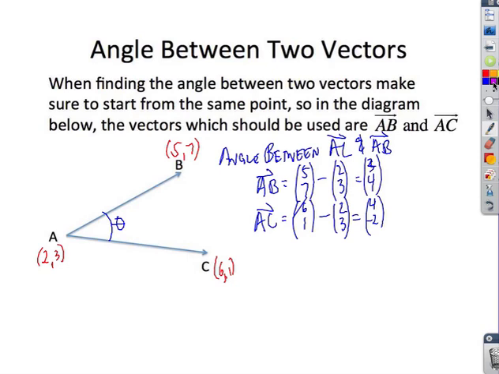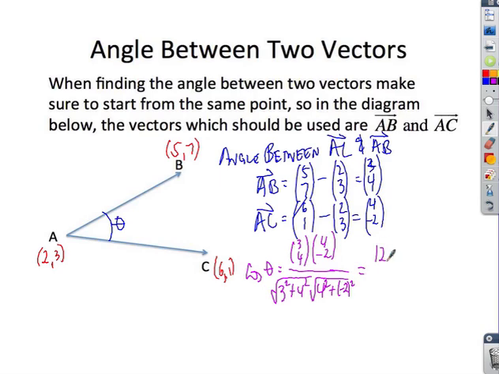And now again, if we want to find the angle between them, so let's say this angle theta here, we're going to say the cos of theta is going to be the dot product of the two vectors, so 3, 4, and 4, negative 2, over the product of their magnitudes. So the root of 3 squared plus 4 squared times the root of 4 squared plus negative 2 squared is equal to 12 minus 8 on top, and on the bottom, again, it's root 25 times the root of 20, so this would end up being 4 over 5 root 20, if you want.